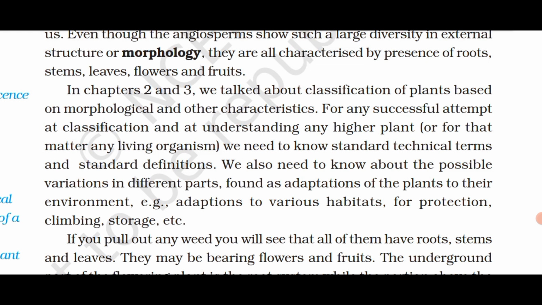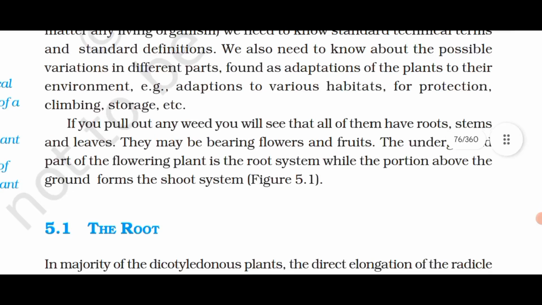We also need to know about the possible variations in different parts found as adaptation of the plants to their environments, such as adaptations to various habitats for protection, climbing, storage, etc.